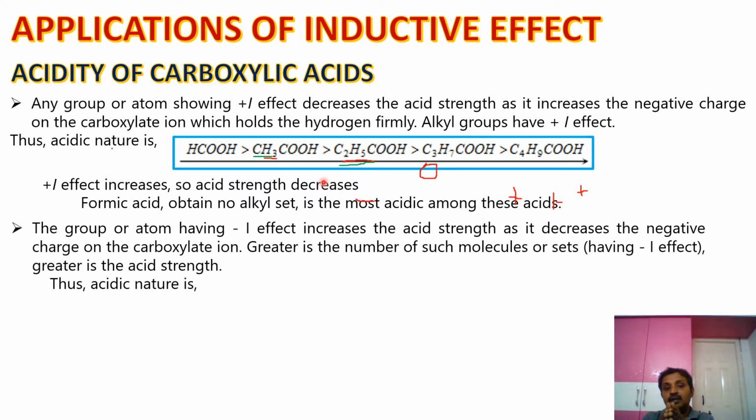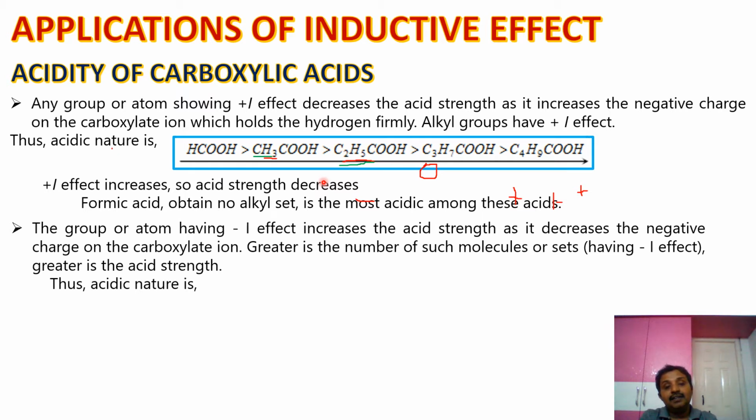The opposite to that is the negative inductive effect. As the negative inductive effect of the group on the carboxylate ion increases, it makes the acid act as a stronger acid.